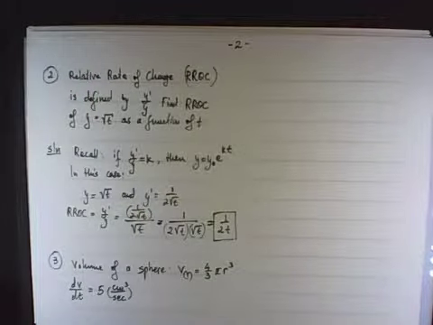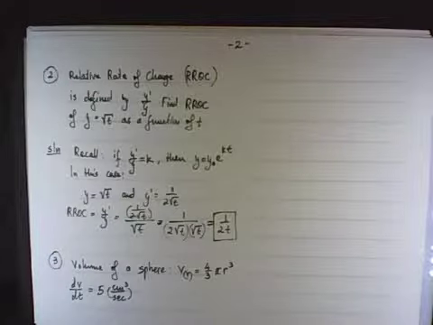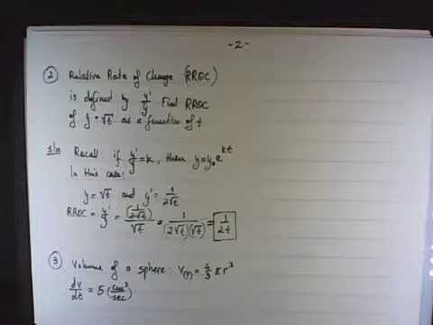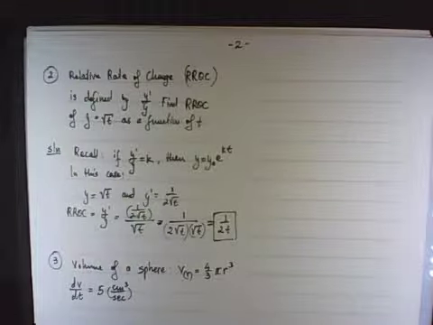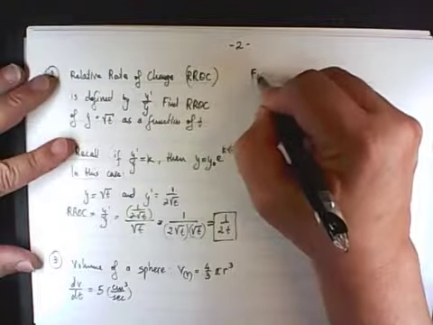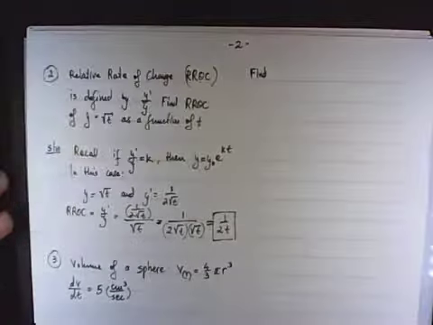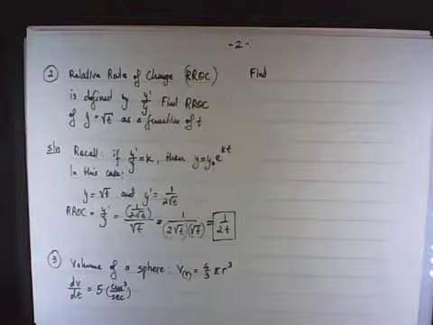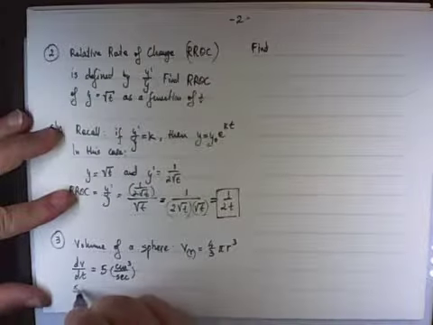And what else? Find the rate of change of the surface area when the volume is 32 pi over 3. I did it before the test too. So what we need to do is find, okay, I'll tell you what, before I go here, I'll say S is the surface area.